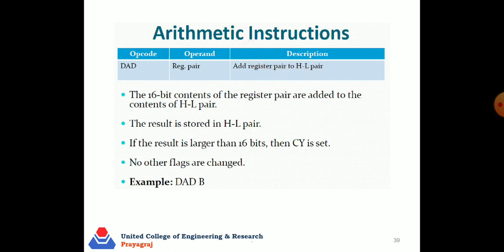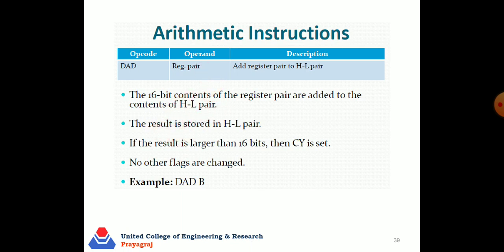Please note, it is a very different instruction. The 16-bit content of the register pair is added to the content of the HL pair. The register pair may be BC, DE, or HL. But the result is stored only in the HL pair.